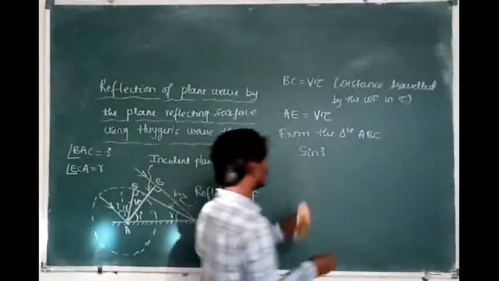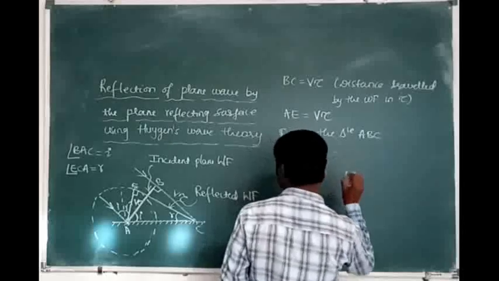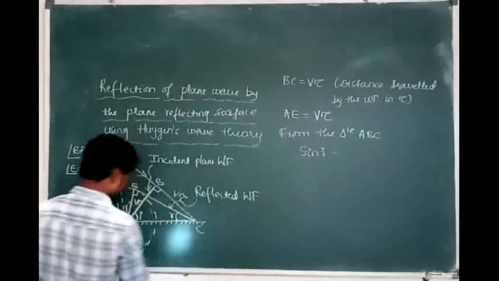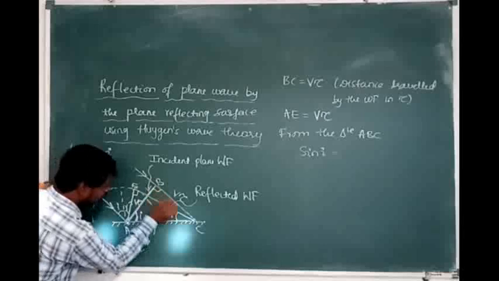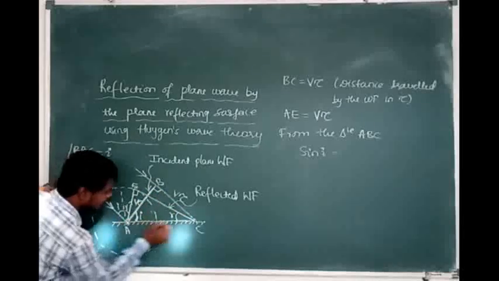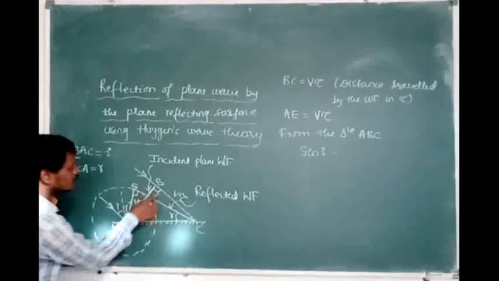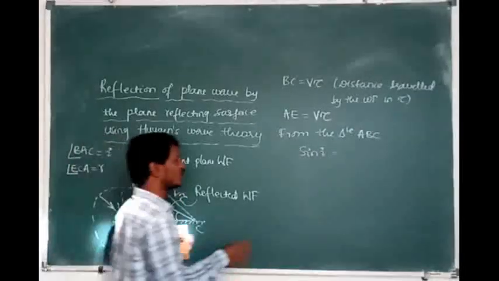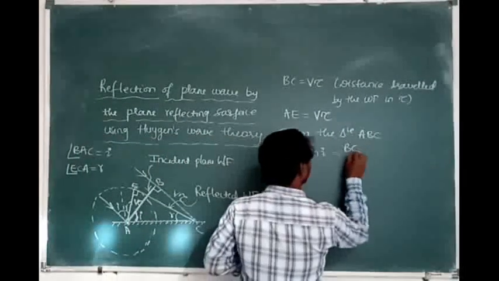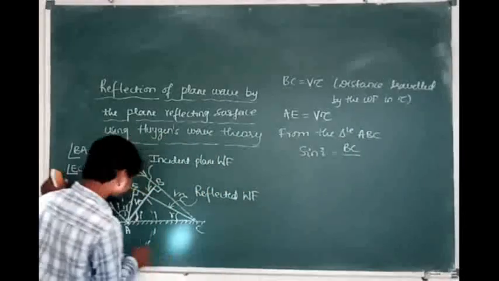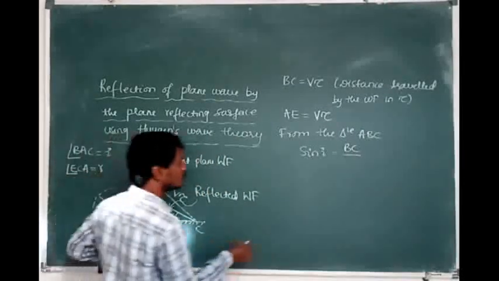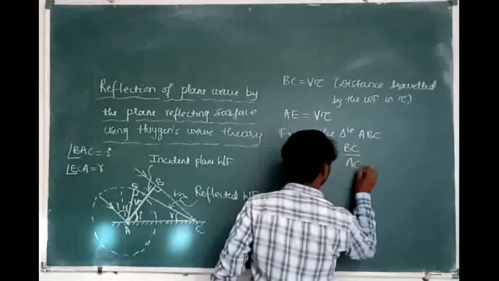Then sin i is equal to, what is sin i here? Opposite side divided by hypotenuse. For the angle i, there is the opposite side, the adjacent side and the hypotenuse. Which is the opposite side? BC is the opposite side. And the hypotenuse is AC.